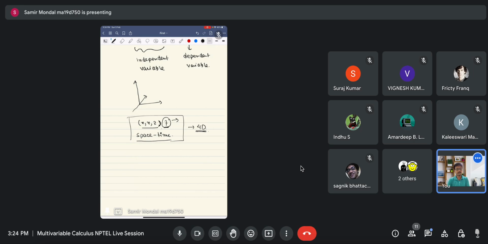And I am telling about one thing. Suppose in 1D, the face of this is 0. When you think about 2D, every face is 1D. Here in 1D your face was nothing, face was 0.